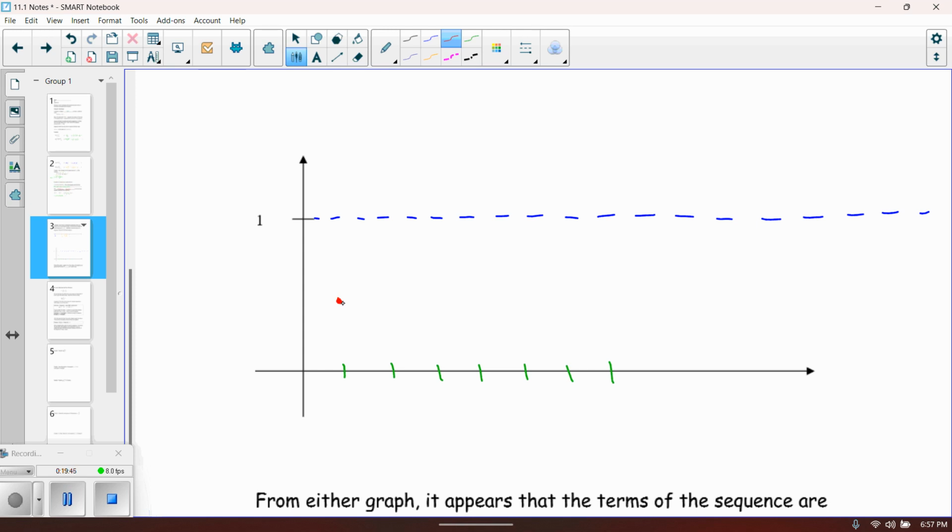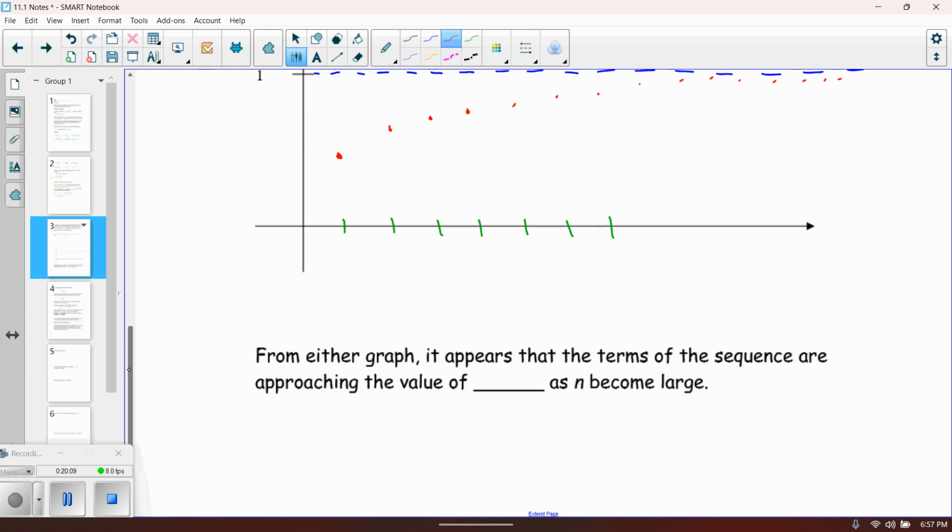The second one was 2/3, maybe right about there. The next one was 3/4, right about there. 5/6, and what you should see as we go on and on and on is that these things are going to get closer and closer and closer to 1.